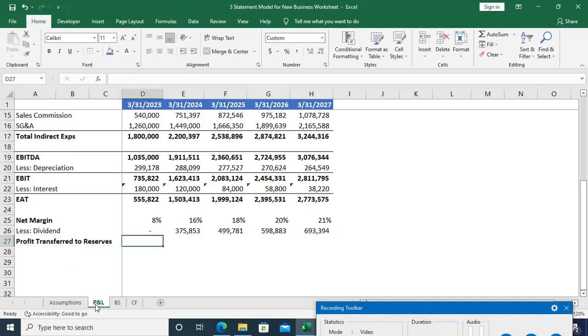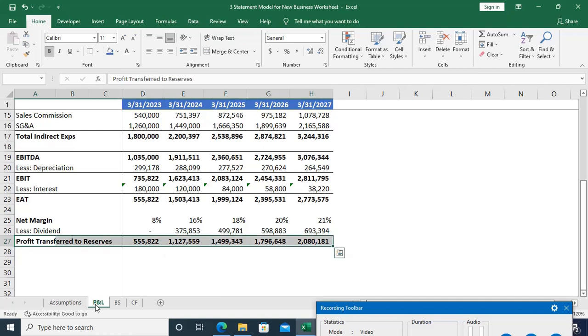Profit transferred to reserves, how much? It should be earning after tax minus dividend. Control R, control B, alt HBP.